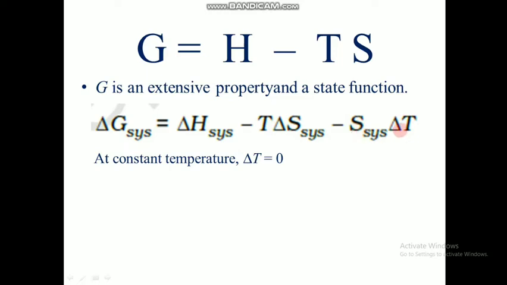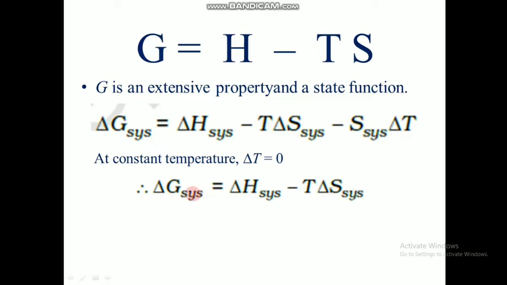So the whole term becomes 0. Delta S into delta T becomes 0, and the whole term is eliminated. The remaining is delta G system, or change in free energy of the system, equal to change in enthalpy minus T delta S. That becomes the equation.